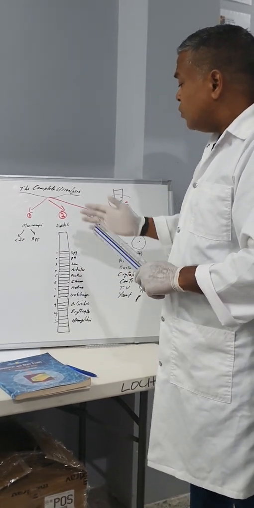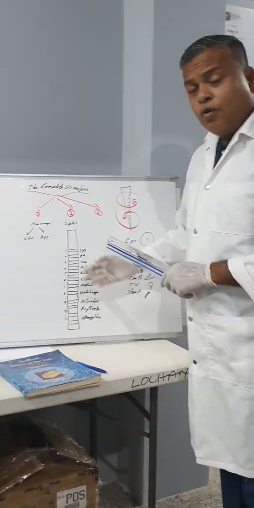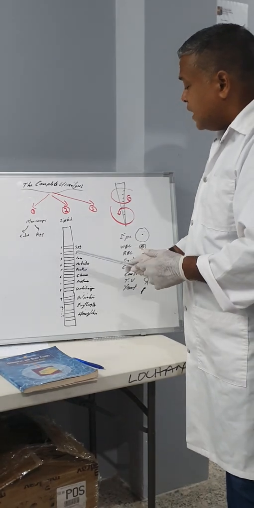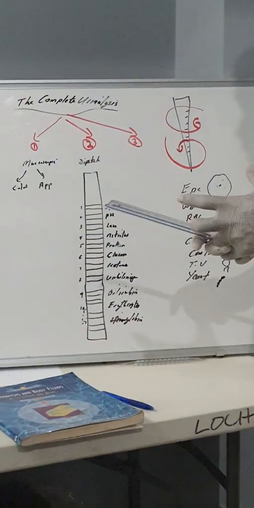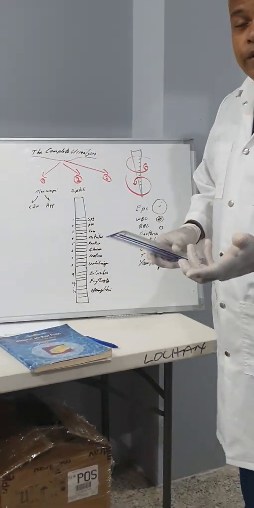Alright? When we talk about the urine dipstick, you've got 10 parameters or 10 things that are looked for, and these different parameters are specific gravity and pH. Specific gravity compares essentially the weight of urine in comparison to the weight of water.